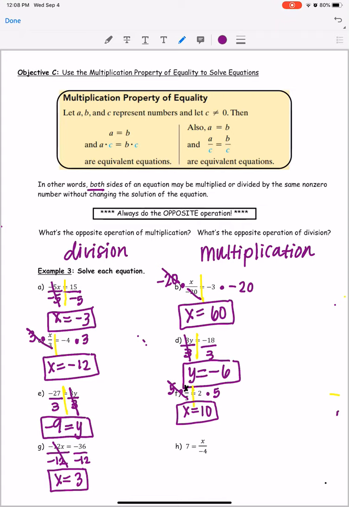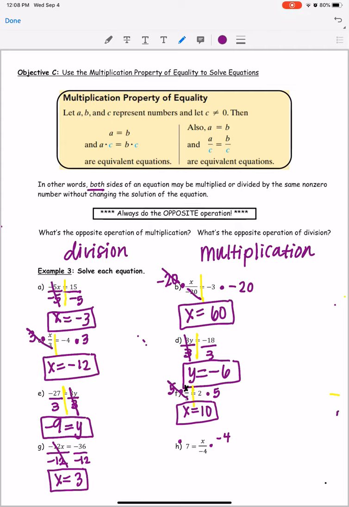And then our last one. Goal is to get this x by itself. So this bar here tells me we're dividing. So the opposite of having an x divided by 4 is to multiply. And we need to include that negative with it. What I do to one side of this equation, I must also do to the other side.